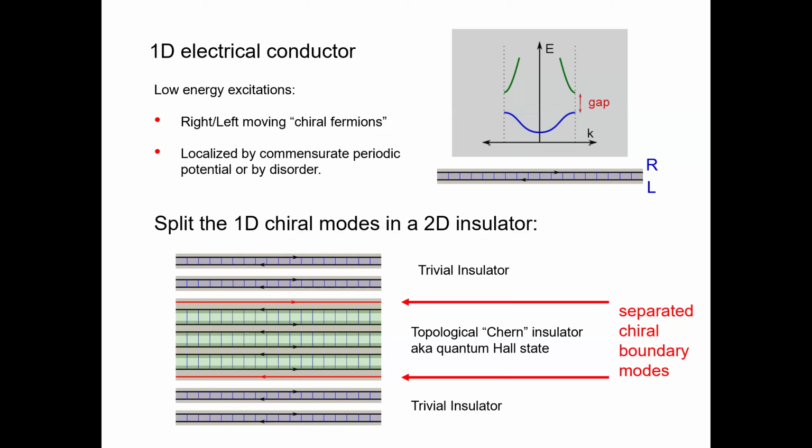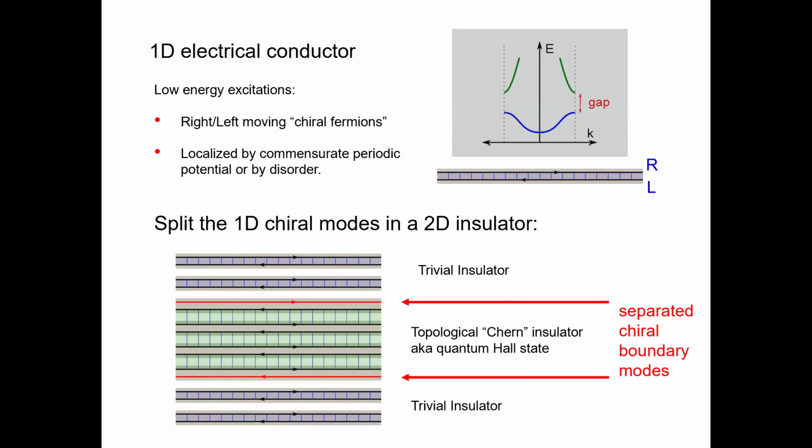And so if you do that, it's going to be an insulator inside here. The right and left movers sort of kill each other. And on the outside, it's just what we had before, this trivial insulator. But then you can see that on the boundary between the two, there's going to be one chiral mode that gets left behind.